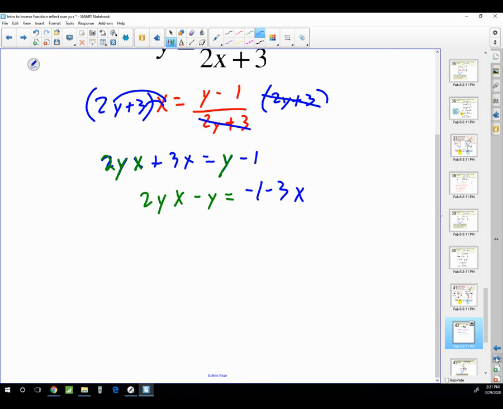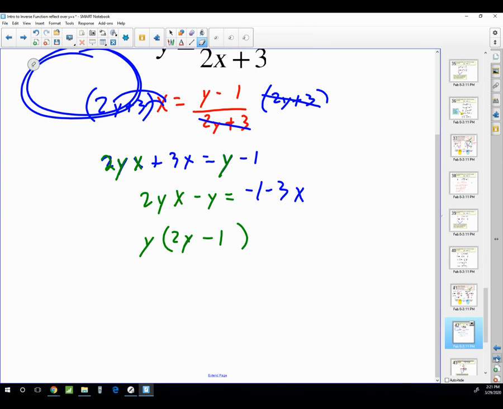And then over here on the left side, y is the GCF. So if we take out y by the greatest common factor, we'd get 2x minus 1. Darn, I'm struggling. Minus 1 equals negative 1 minus 3x. Then you just simply divide both sides by 2x minus 1.